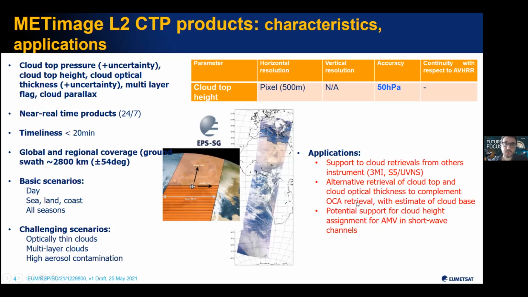Of course, in the future, a similar type of algorithm, or the information within these bands, can be included in OCA, as was mentioned before. It could also be a potential support for cloud height assignment for AMV, in particular for the AMV using shortwave channels in VII.